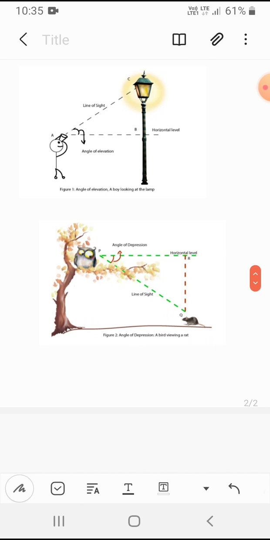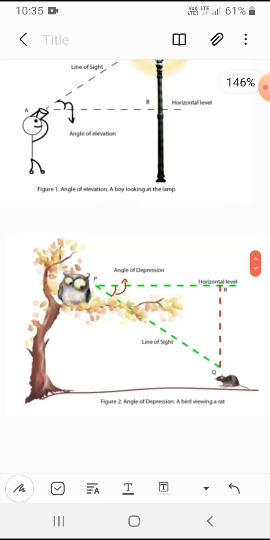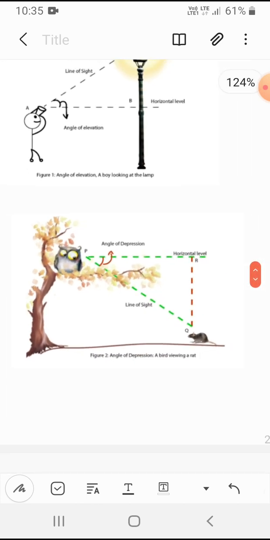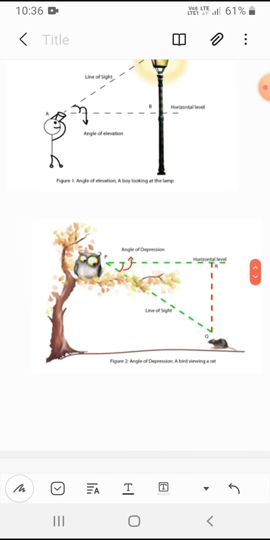Next, the opposite of angle of elevation is angle of depression, we can say. Here they have mentioned angle of elevation, here depression. This is theta, or this line they have put, that we can take as theta or angle of depression. And this is the horizontal line, and this is the line of sight, meaning the side from which they are seeing.